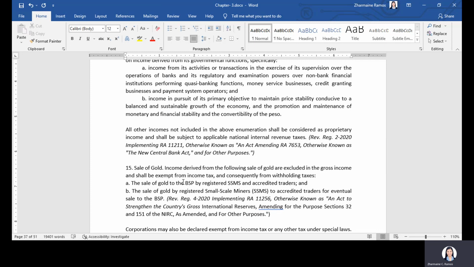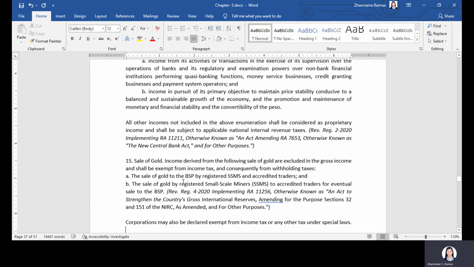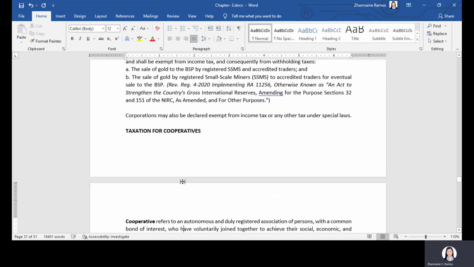So, kapag nagbenta sila ng gold for eventual sale to the BSP, tax exempt. Corporations na wala dito may also be declared exempt from income tax or any other tax under special laws.